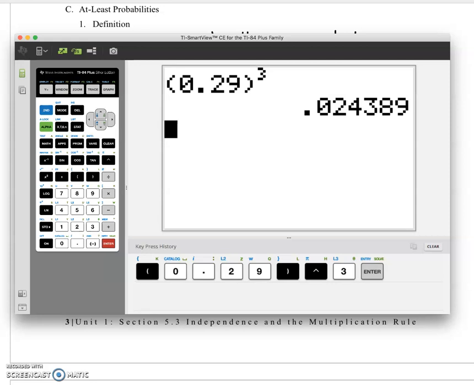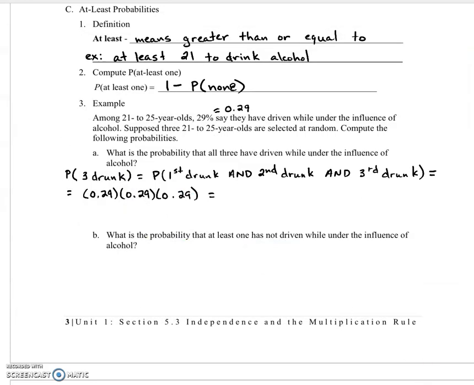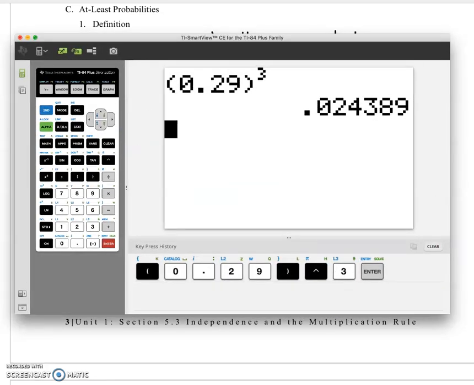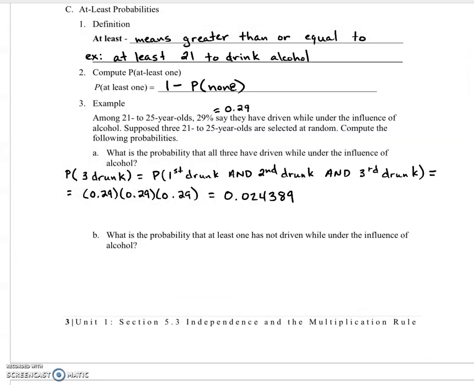So we get 0.024389. Okay, just checking I had the decimal point in the right spot. So that's the probability that if we pick 21 to 25-year-olds randomly, all 3 of them have driven under the influence.